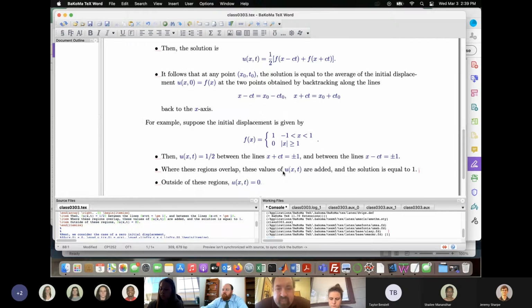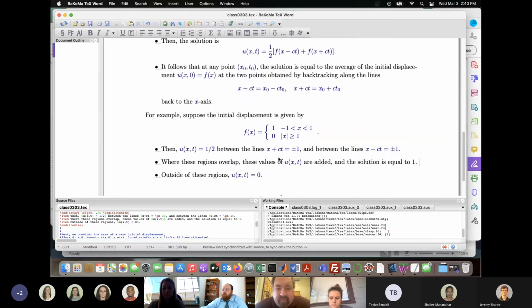So what happens is, between these lines, x plus ct equals plus or minus 1, the endpoints of this interval, or x minus ct equals the endpoints of this interval where the initial data is non-zero, if x and t fall within those regions, then the solution will be equal to 1/2.